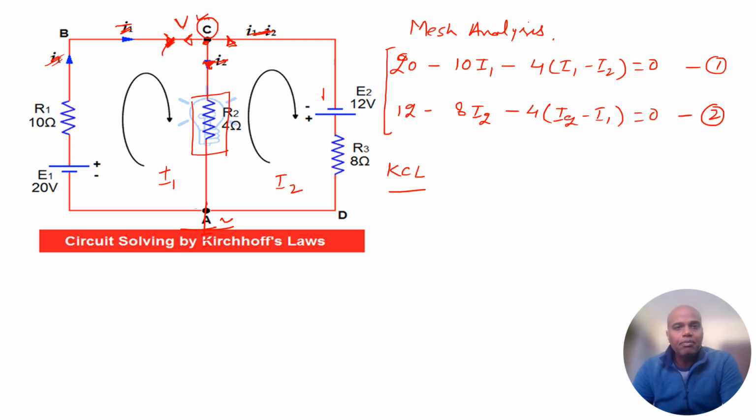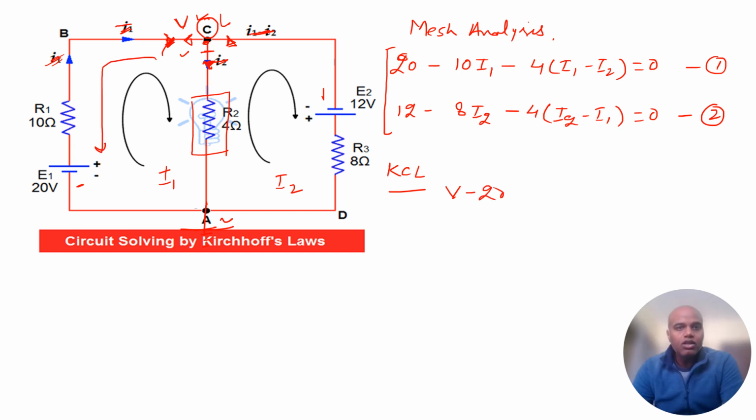Applying the KCL here, first the current going through this branch: V, the potential of the C node, minus 20 volt. So V minus 20, because we are going for this branch.